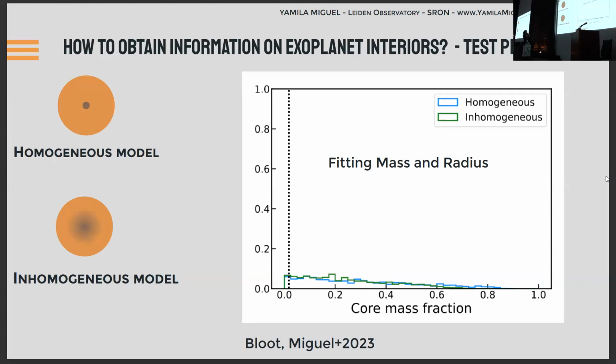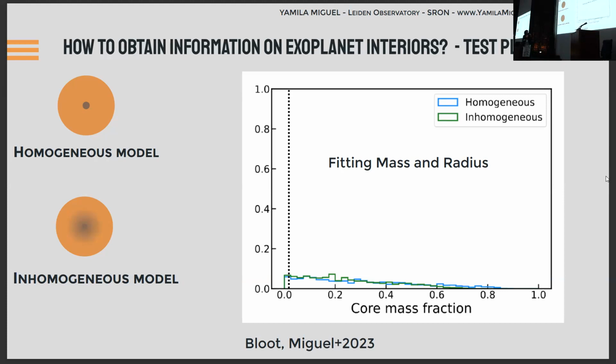And you can see that when we are using as constraints only the mass and the radius of the planet, which is basically what we had so far, then it's not really possible to tell what the core mass is. And this, of course, makes sense, right? We have way fewer observational constraints than the data we want to get out. So, of course, we need more observational constraints to actually get more information from the interiors of the planets.